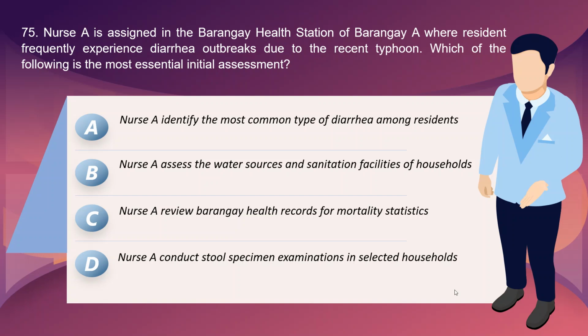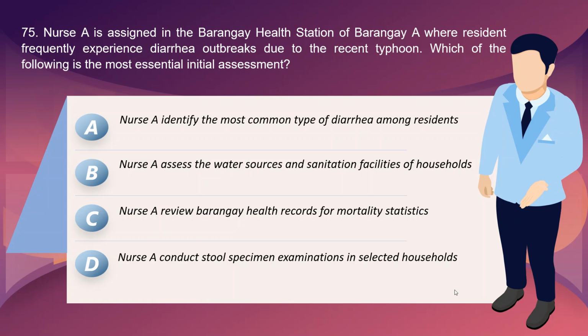Of course, the focus of the question is basically on assessment, initial assessment. So it is very important that community assessment starts with environmental and social determinants, and that is actually tied to the problem rather than immediate diagnostics. So, of course, the most important thing that we're going to look into here is post typhoon diarrhea outbreaks.